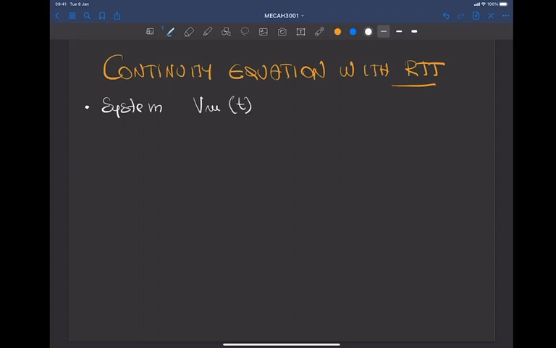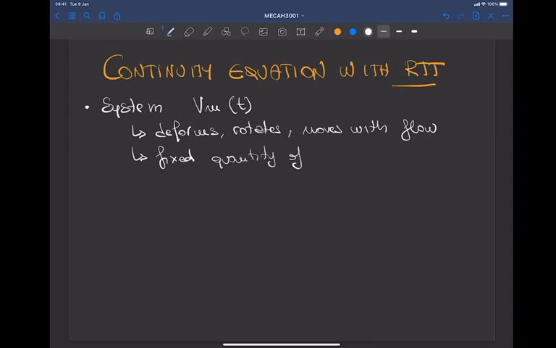So a volume which rotates, translates, deforms, moves with the flow, but which contains a fixed quantity of material, which basically means that it cannot be crossed by any mass flux, any mass flow rate, which mathematically can be translated into the fact that the scalar product between the velocity and the normal to the surface in each and every point of the surface is equal to 0 over the Sm of t as a function of time.